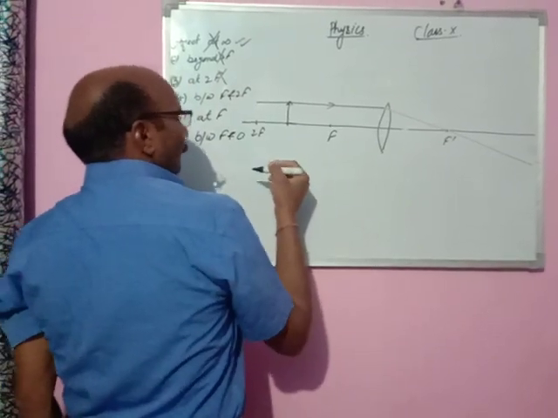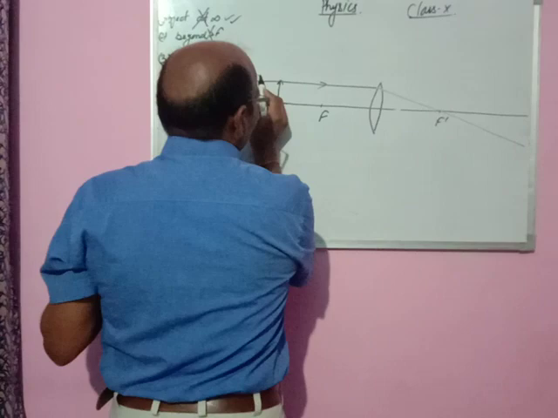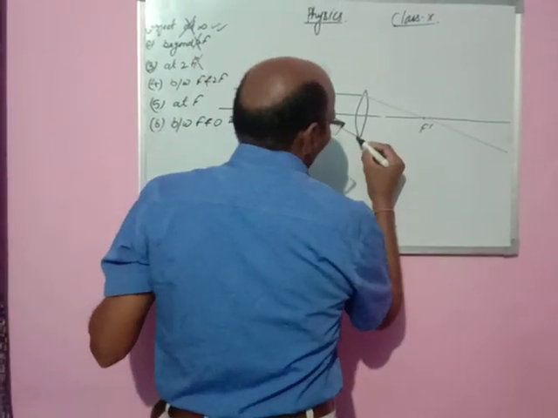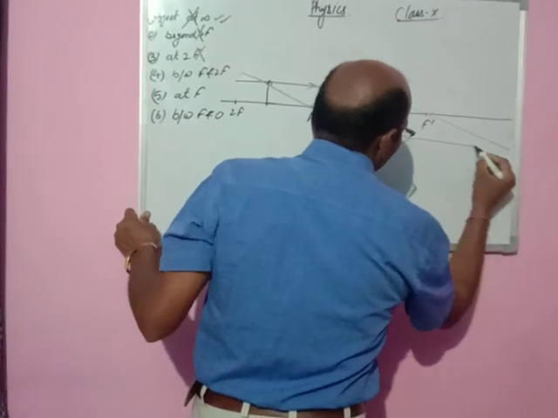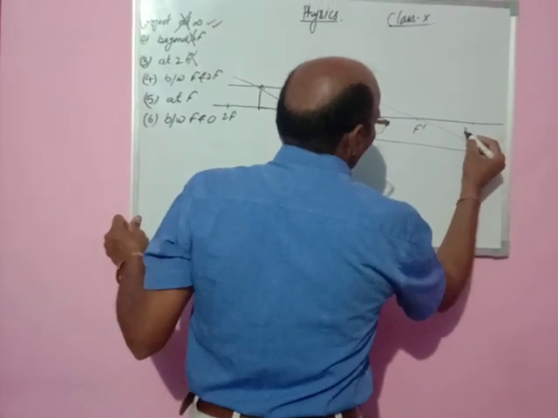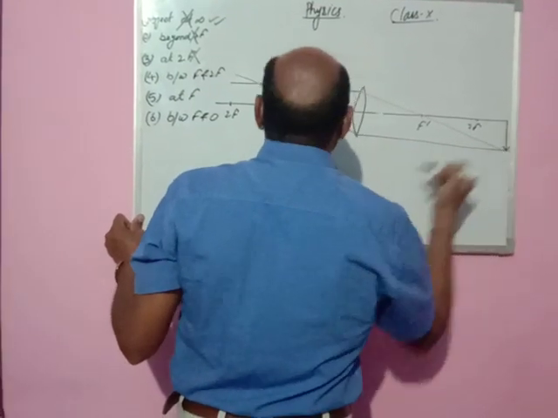And one more light ray going through F will go parallel. So this is 2F dash, and its image will be beyond 2F dash.